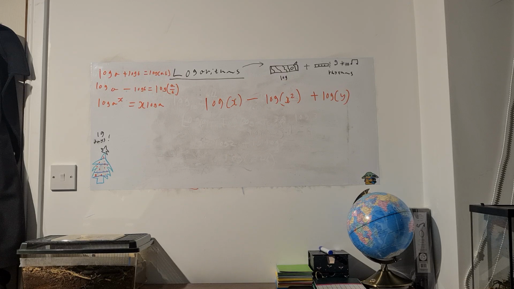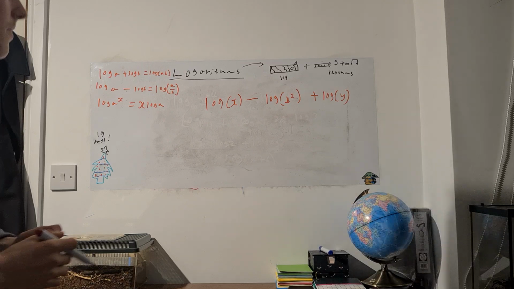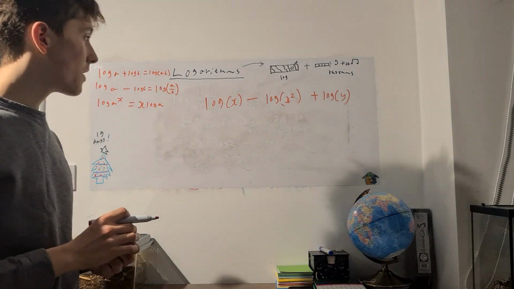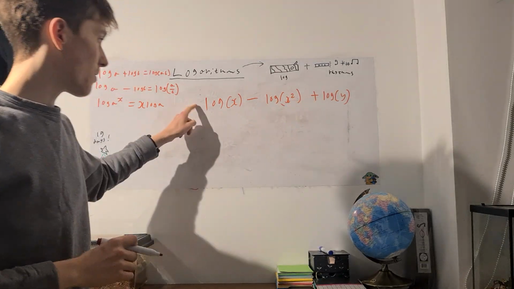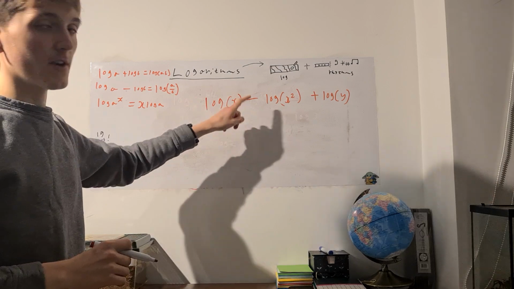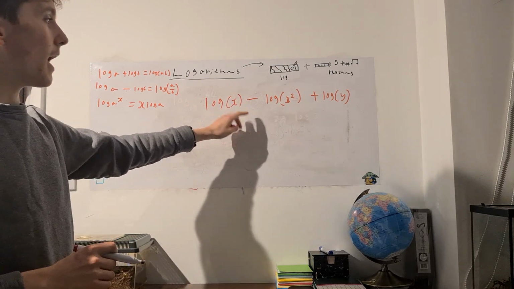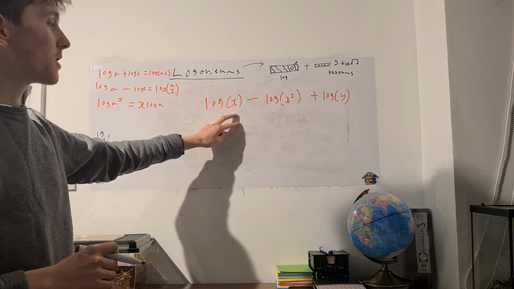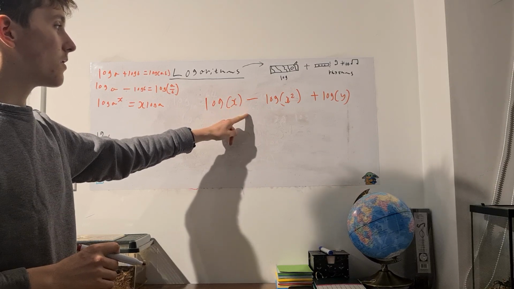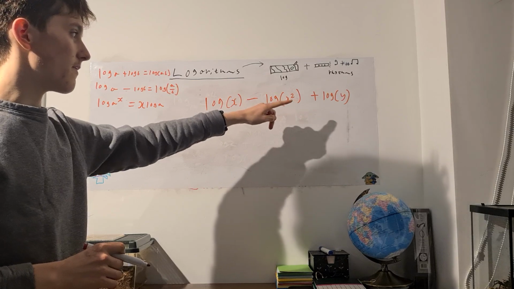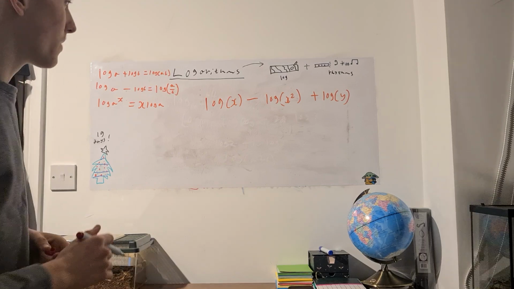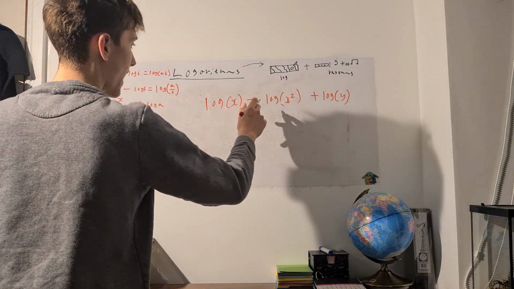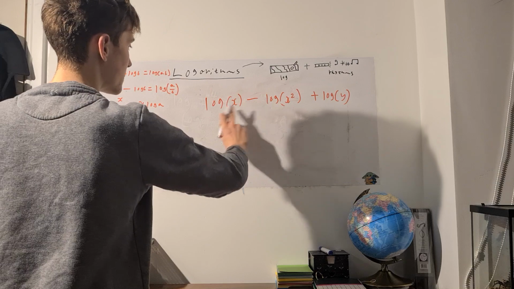Now, how would you do this? Would you use BIDMAS? What would you do? Well, quite simply, the quick way to do this is you look at which ones have a positive symbol before them, so that's got an invisible positive there, and which ones have negative symbols before them. The way you would do this is, you multiply the positives together and then you divide by the negatives. So you would have log x minus log x squared, so that's the negative.